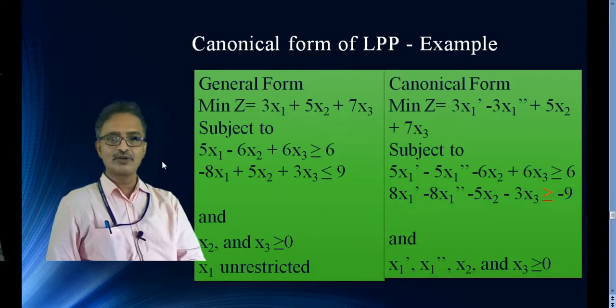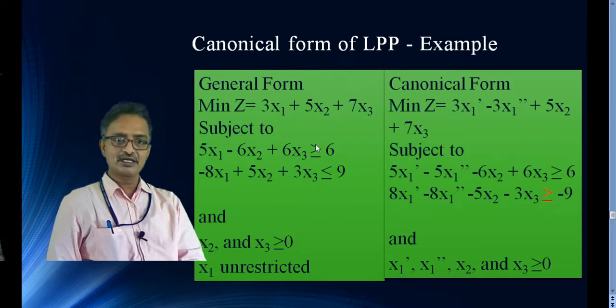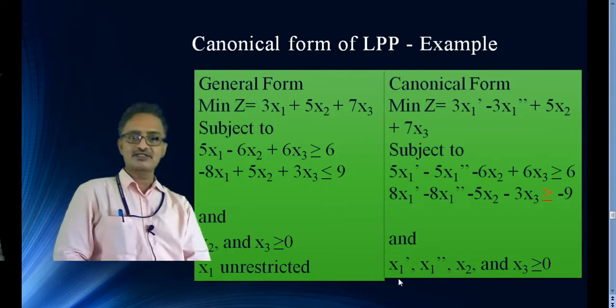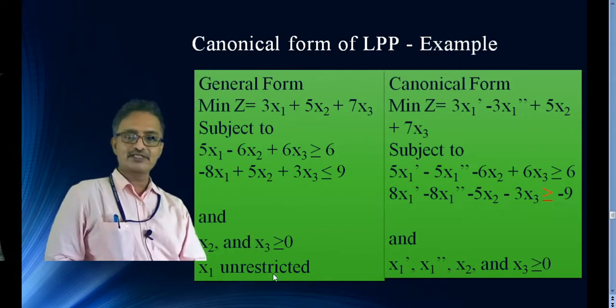Now the minimization case, we need to have all the constraints in greater than or equal to form. The second constraint is in less than or equal to form, so convert it by multiplying both sides with -1. Also we have x1 unrestricted.